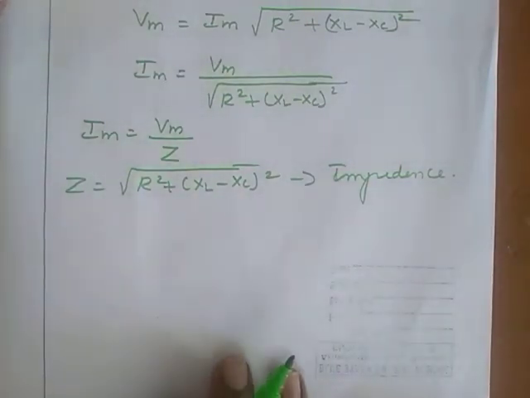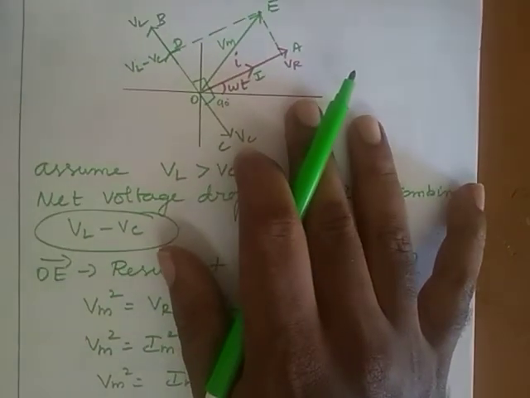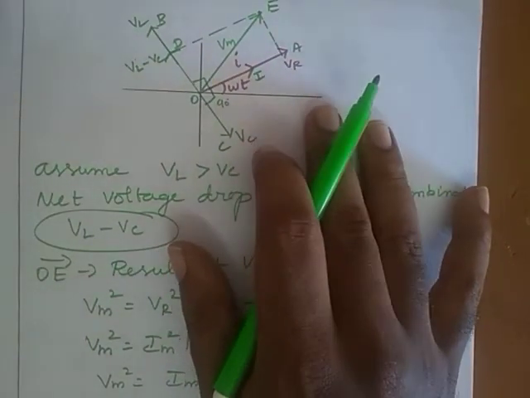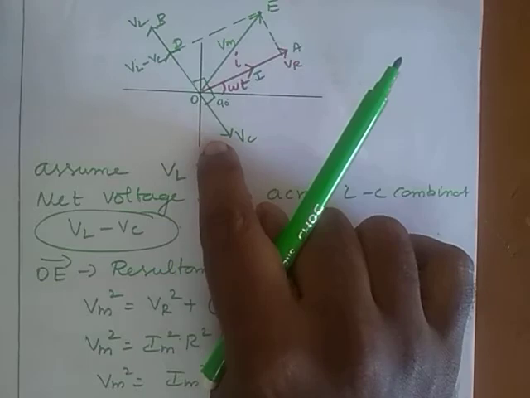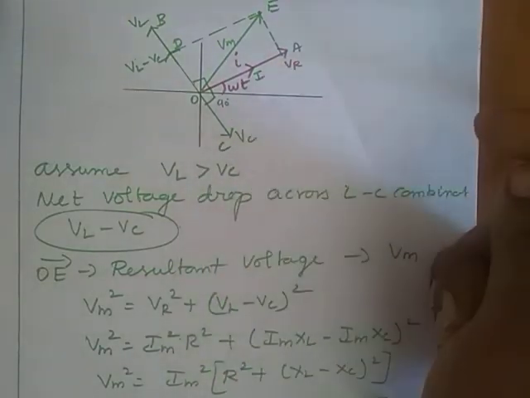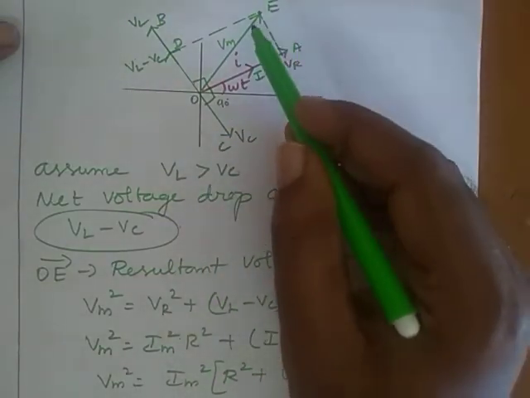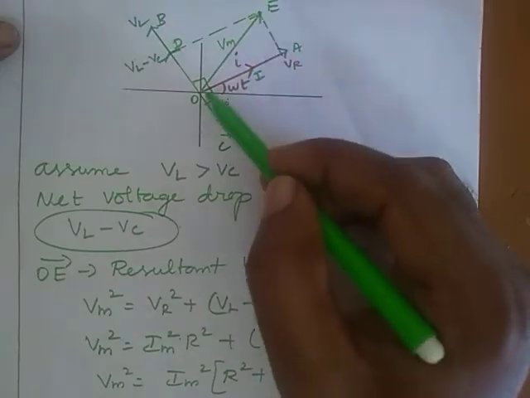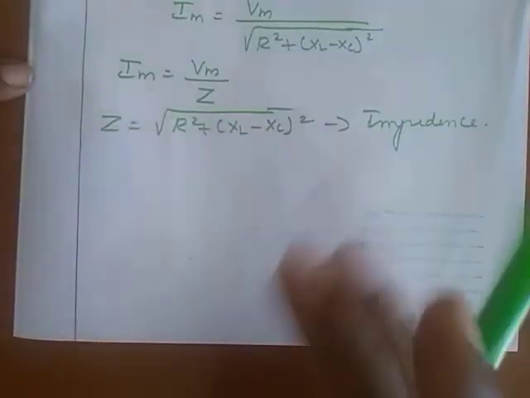Then next, using this phasor diagram, I am considering two triangles: the voltage triangle and the impedance triangle. For the voltage triangle I consider this part only.